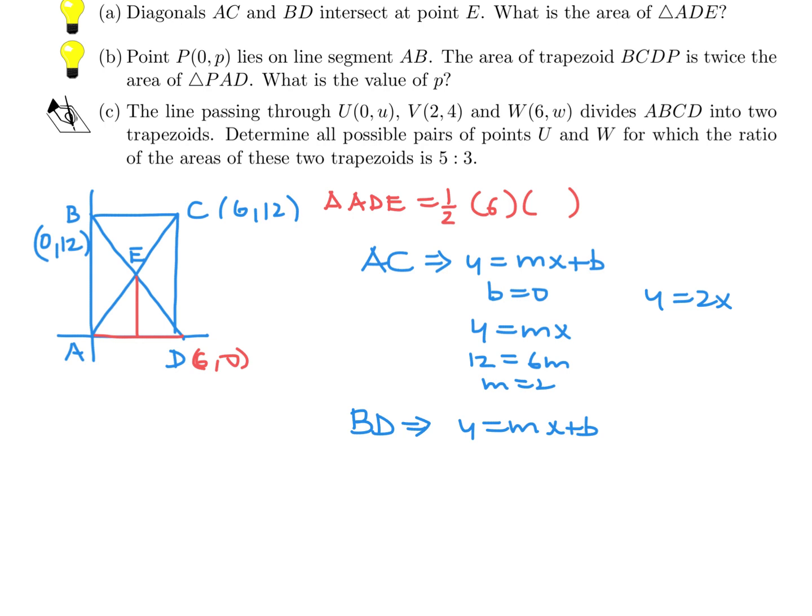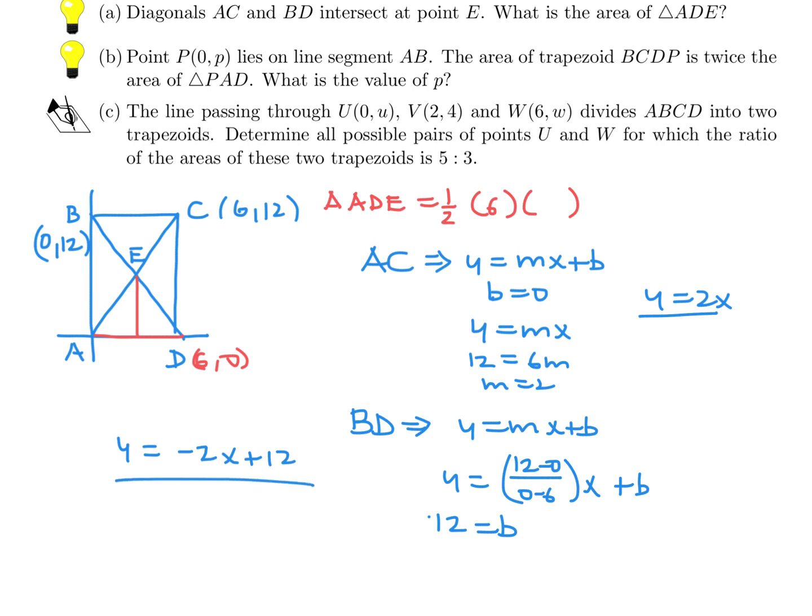Or I can just do the slope formula: 12 minus 0 over 0 minus 6 is m, plus b. And then substitute in any point, so I'll just substitute in B. So when x is 0, y is 12. So that means b is 12. And then going back, therefore it's going to be y equals minus 2x plus 12. Okay, so you guys know how to figure out the equations of lines.